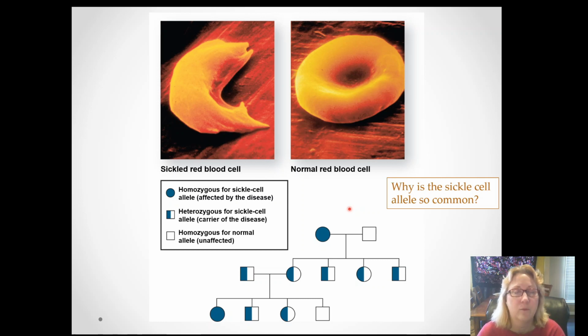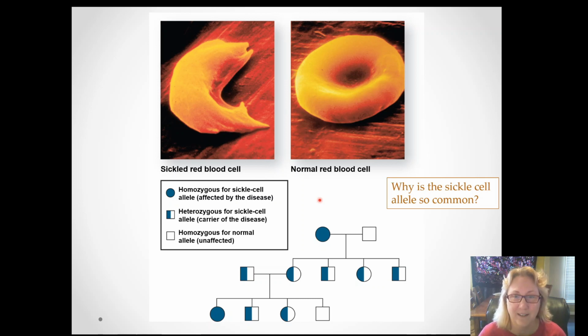Even with really good medical care now, it still results in hospitalizations and a lot of sick time for individuals who have it. So until the last 100 years, individuals who had this disorder did not reproduce. So that's a really strong negative selection pressure on this allele, which should make this allele rare, but it's not.